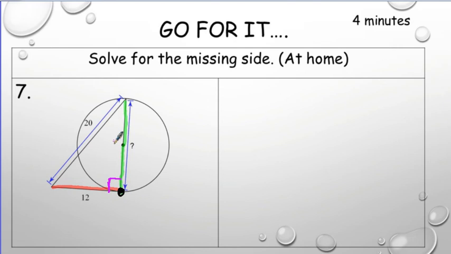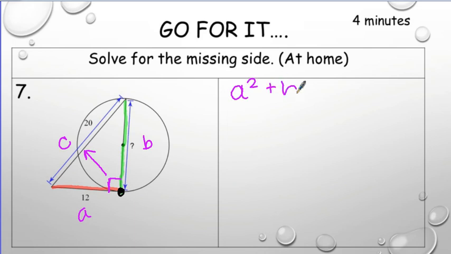So since it forms a right triangle, I am going to use Pythagorean's theorem. Across from the right side is the hypotenuse, that's C. You can call this side A and this side B, or you can switch them up. And because I'm trying to find a piece of the triangle, that's a segment, I can go ahead and use Pythagorean's theorem.